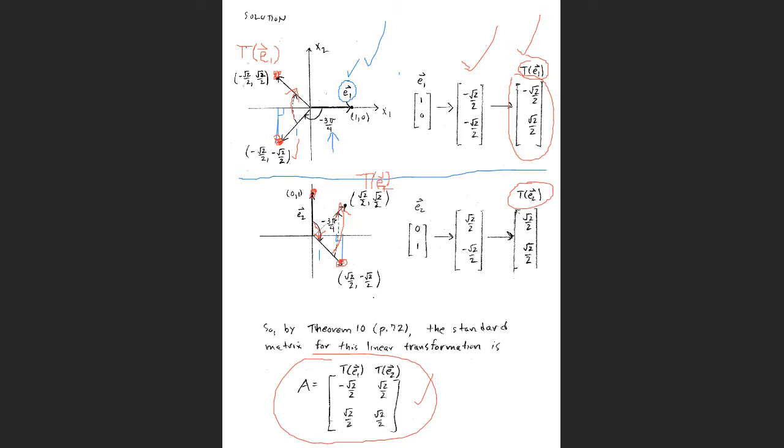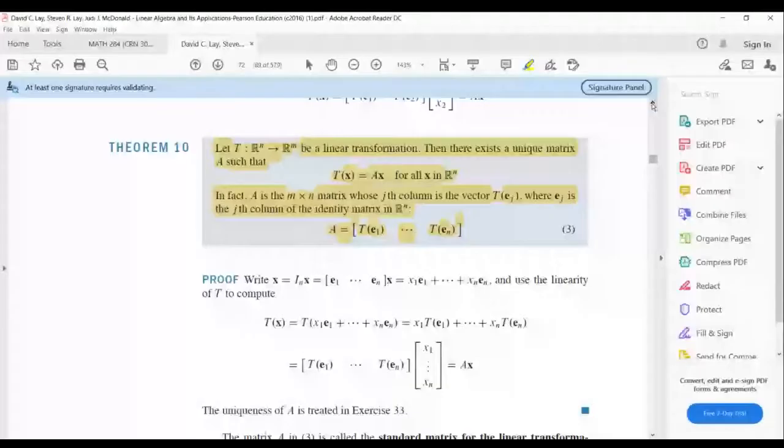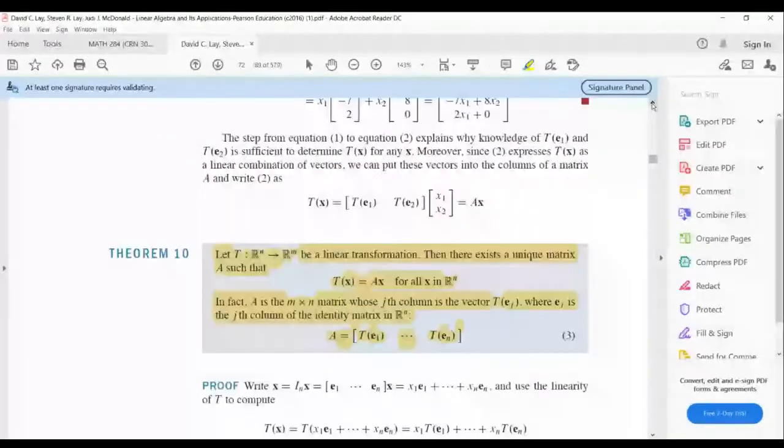Okay, so we applied this theorem in example 1.